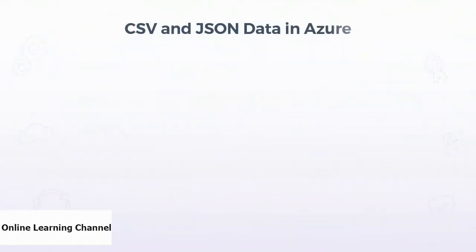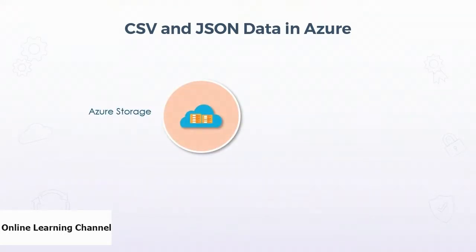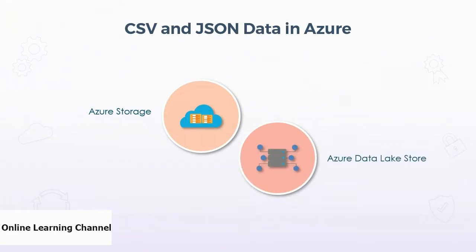Azure contains several offerings that work natively with CSV and JSON files. Examples are Azure Storage, which offers tabular as well as blob and file storage, and Azure Data Lake Store, which is a common big data storage that can be used for analytics purposes. There are many options to load data from either CSV or JSON into these data stores.